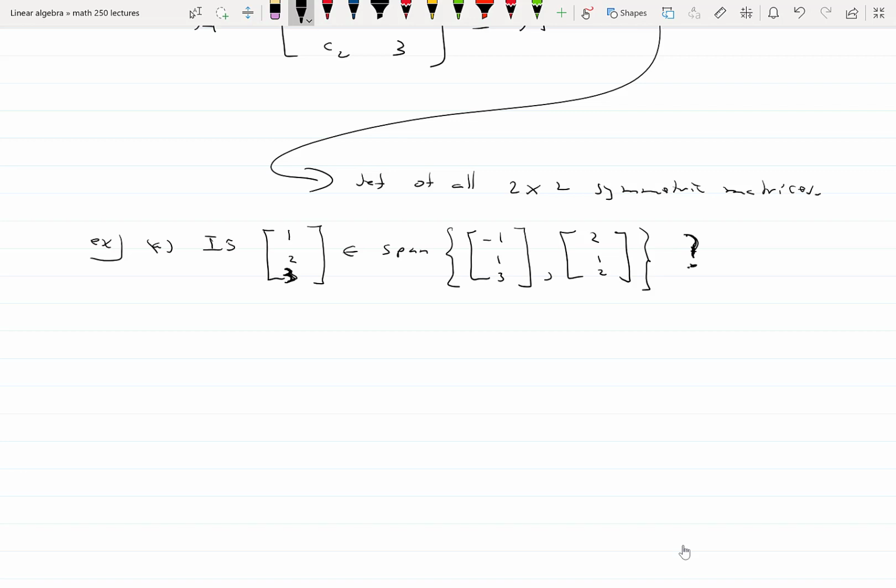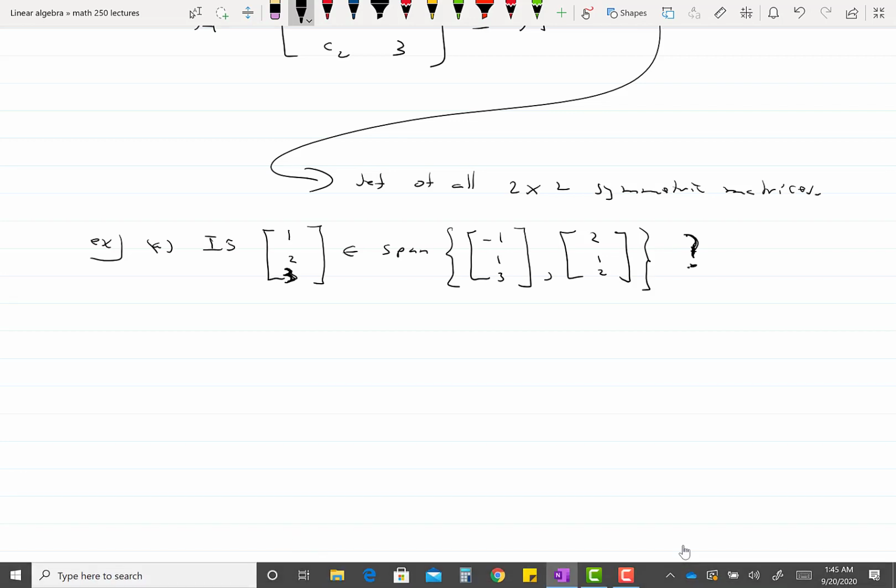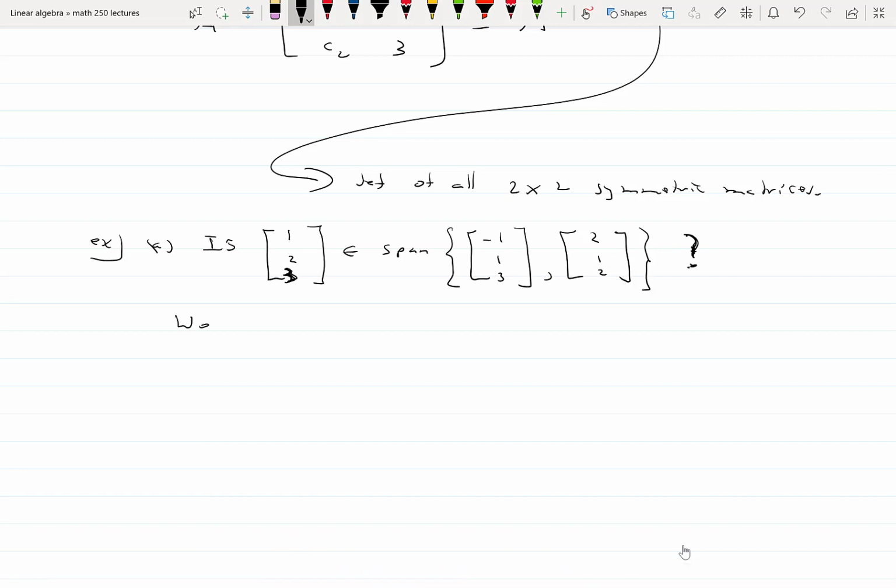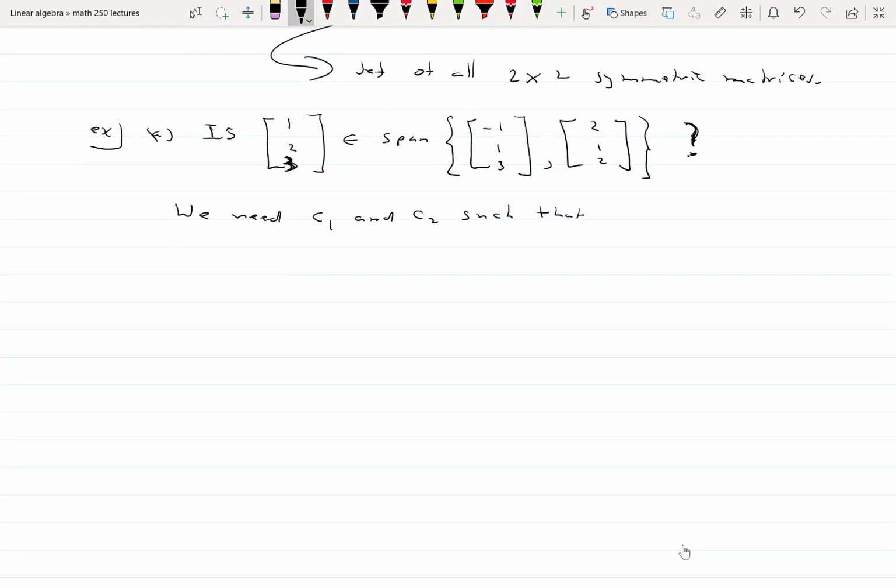That is, can it be written as a linear combination of these two vectors? If you missed what I just said there, we need a C1 and C2 such that that vector is a linear combination of those two vectors.